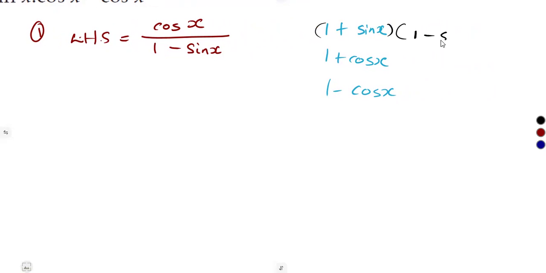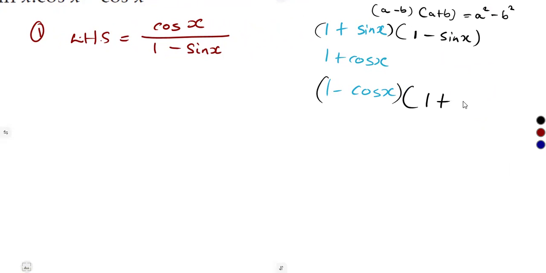So it will be 1 minus the sine of x. Remember the concept of a difference of two squares: a minus b into a plus b is equal to a squared minus b squared. So we know if there is an addition, the other one is going to carry a subtraction. If it is a condition like this one where there's a subtraction, it means what you're going to multiply with is going to carry a positive. So it will be 1 plus cos x.